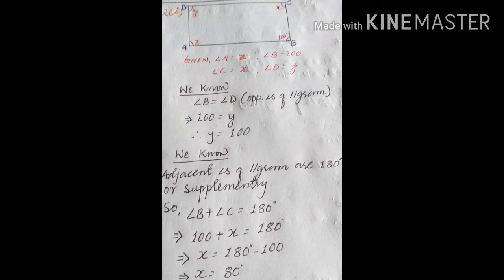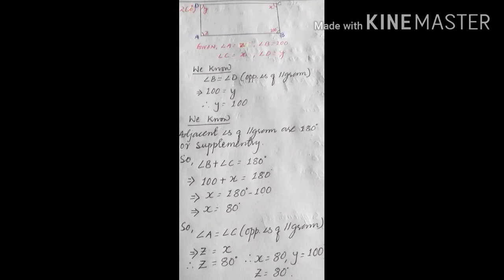Now lastly we have to find Z. Here also the same thing. Z and x are opposite angles, isn't it? Opposite angles of a parallelogram are the same, as we read in the property. So angle A equals angle C. The reason is opposite angles of a parallelogram. This 'opp.' means opposite, 'angles' means the angles, and 'gm' means the parallelogram.